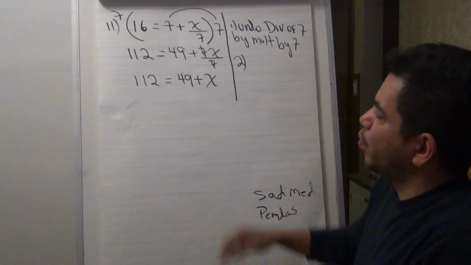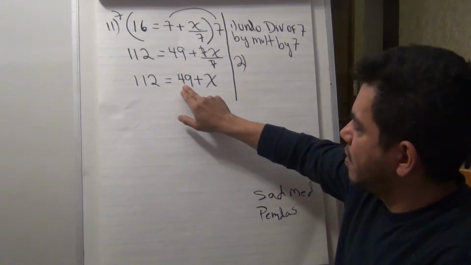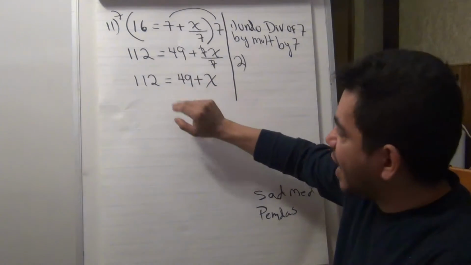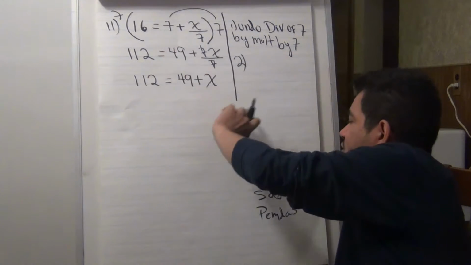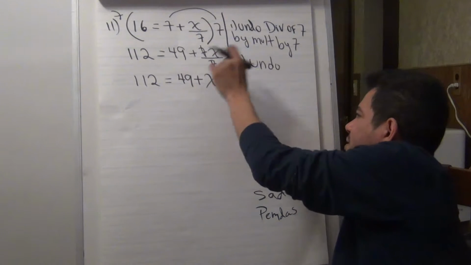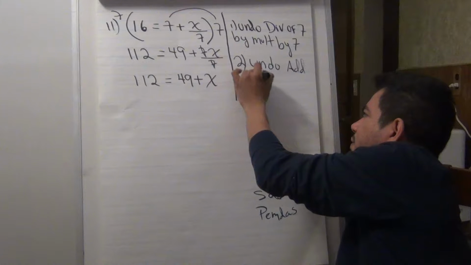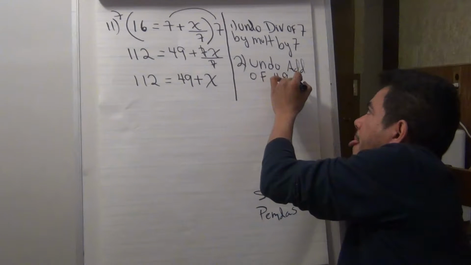What's happening now? Well, x is being increased by 49. Not this one, this invisible positive, that's the one. I could write this as x plus 49 if I wanted to. So I am going to undo addition of 49.